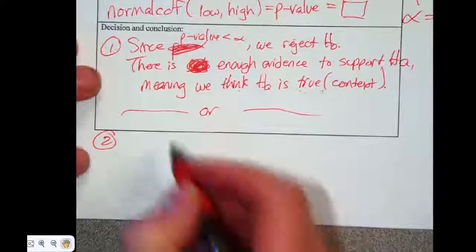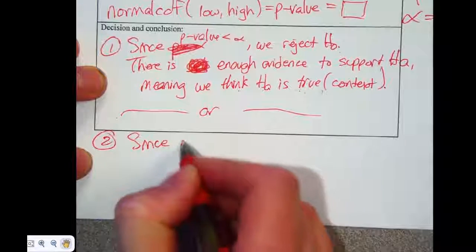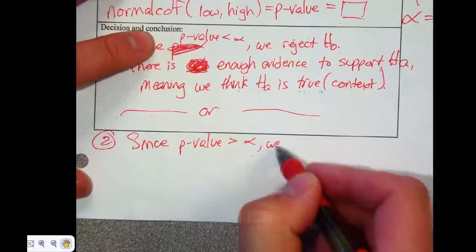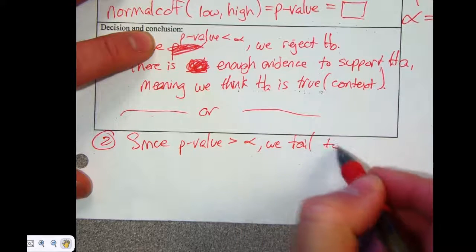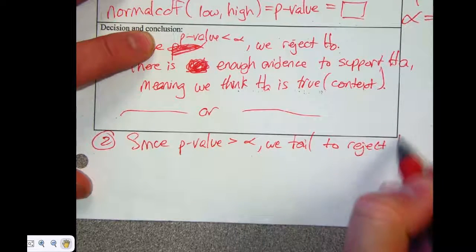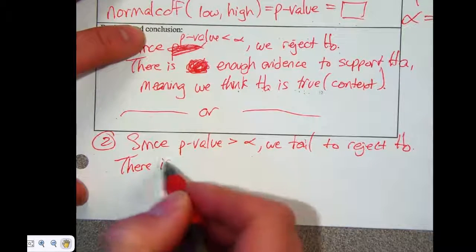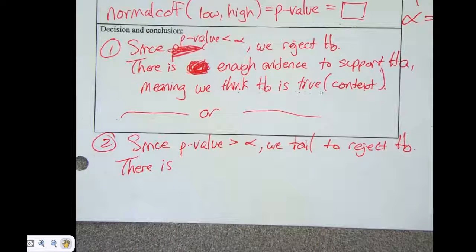The second option here would be since p-value is greater than alpha, now we fail to reject H naught. If we're not rejecting H naught, it's because I wasn't impressed by HA. I wasn't like, oh yeah, that must be right.